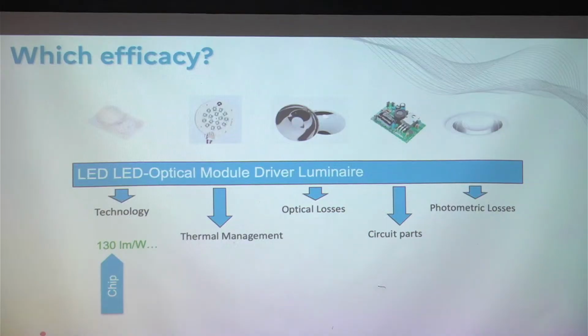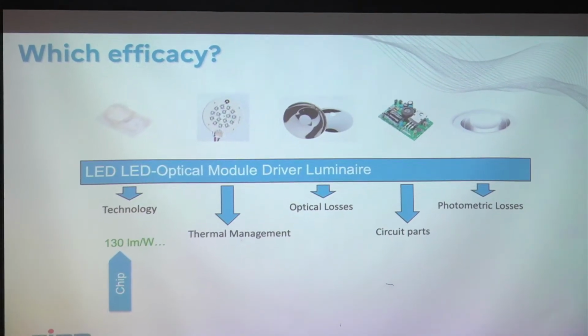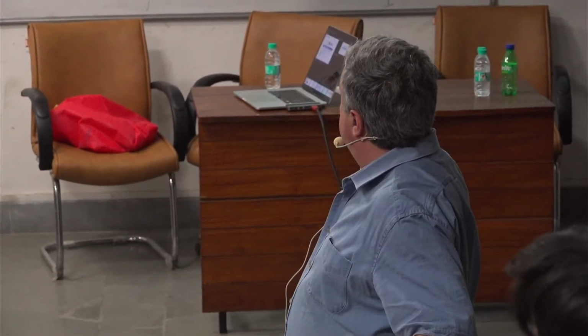This is very cheap, you can find it everywhere, it's reliable, no problem. But one LED like that is 1 watt. It produces 130 lumens, okay? Because this is the efficacy. But to obtain enough light here, you need at least 1,200, 1,300 lumens.